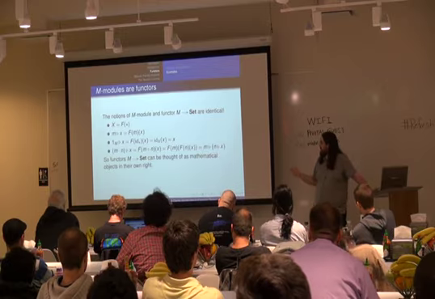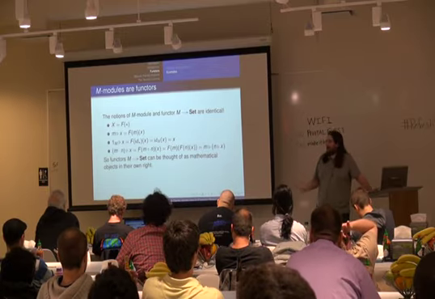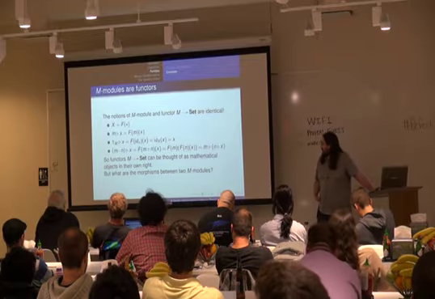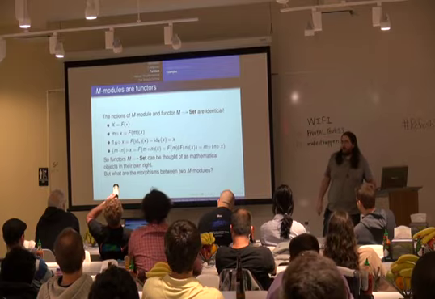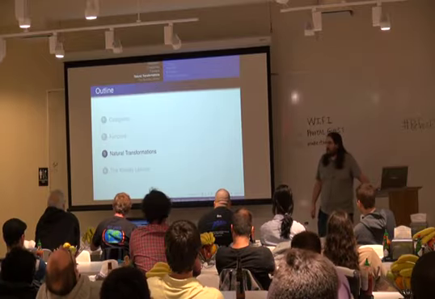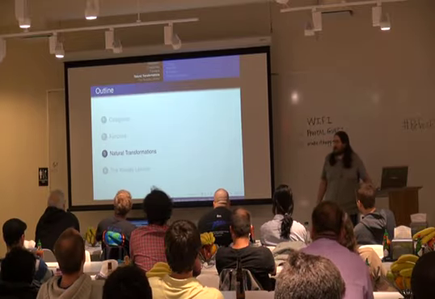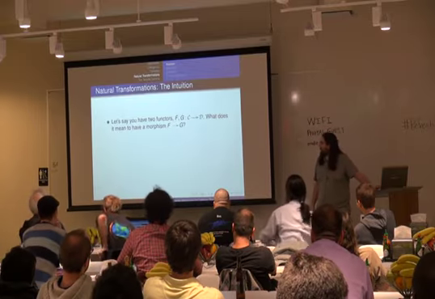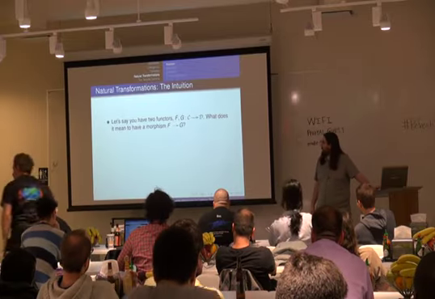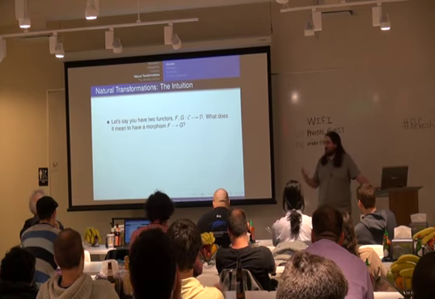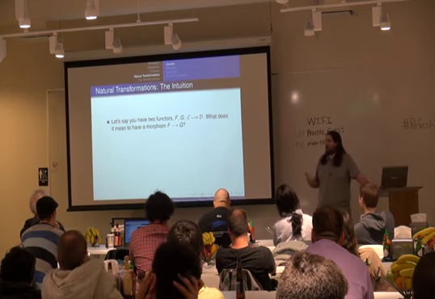So you can think of these functors as mathematical objects in their own right. You can think of them kind of like vector spaces. So we might want to ask, what are the morphisms between two of these m modules? This is where we get into natural transformations. So if I've got two functors from a category C to a category D, I want to ask, what does it mean to have a morphism between these two functors?